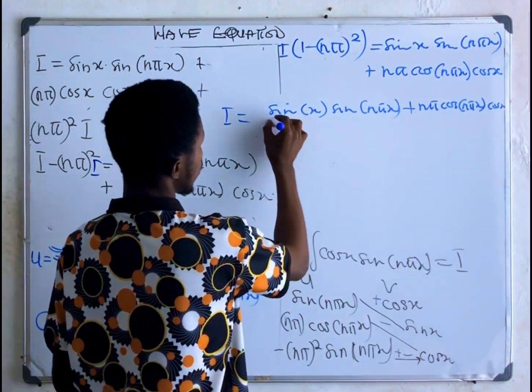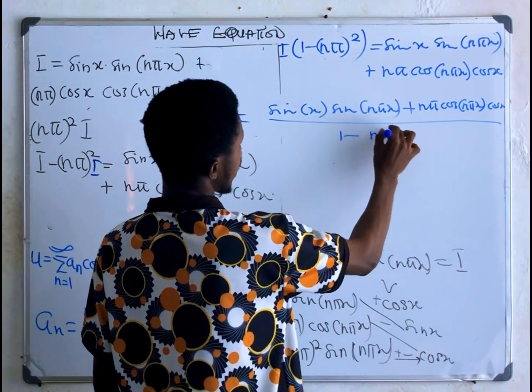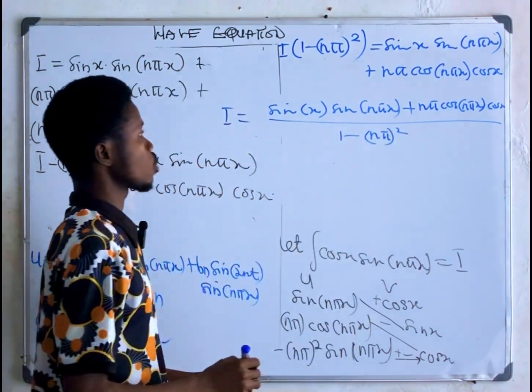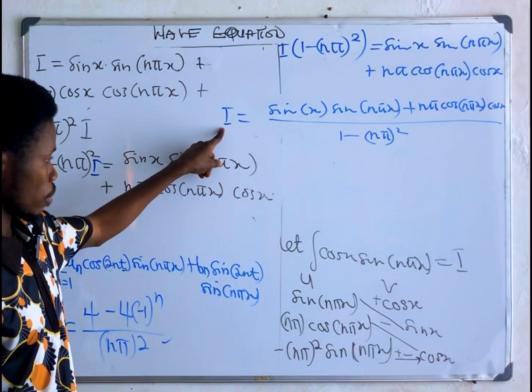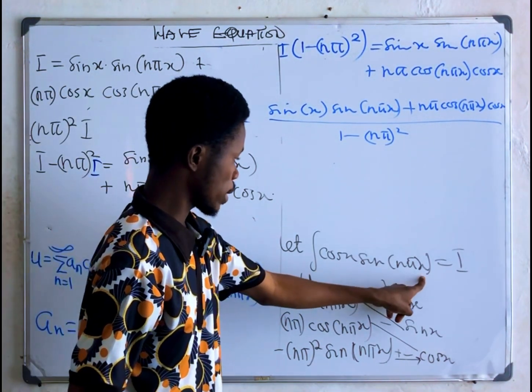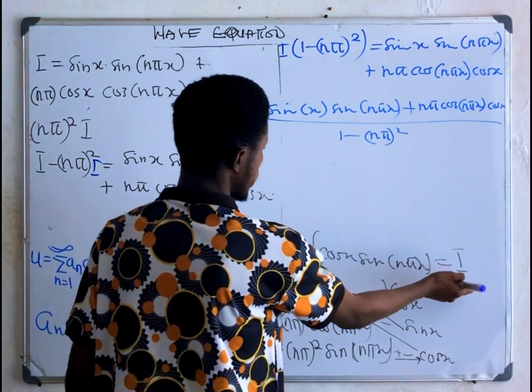Is that okay? All this is divided by 1 minus n pi squared. So this is what we have. Remember the I is the same as this. Is that okay? So I is this, right?